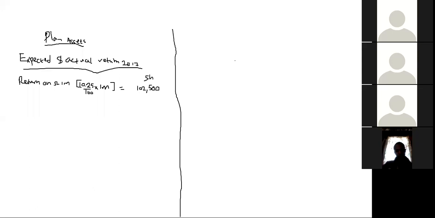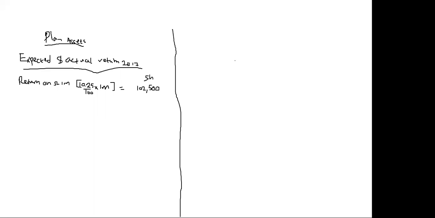Then next is to get the return on now the 490 that was paid. If you look at our problem again, we are told that on 31st December 2017, the plan received contribution from the employer of 490,000 and paid out benefits of 190,000.